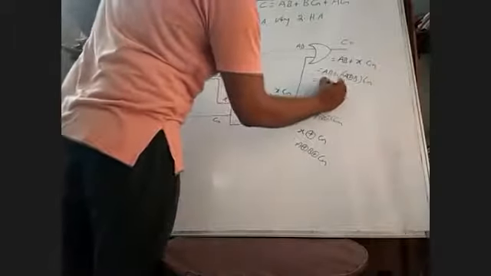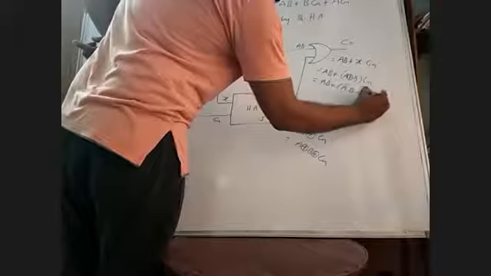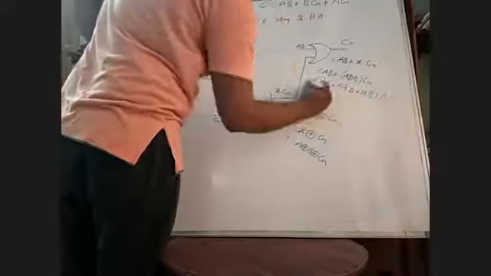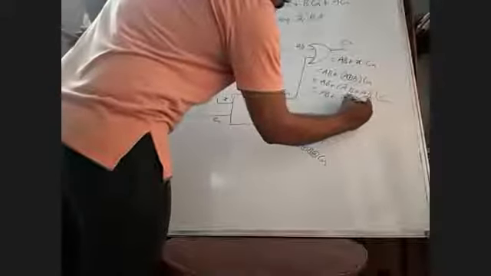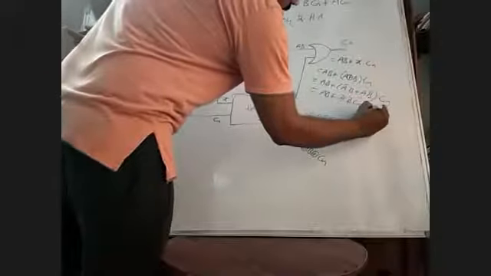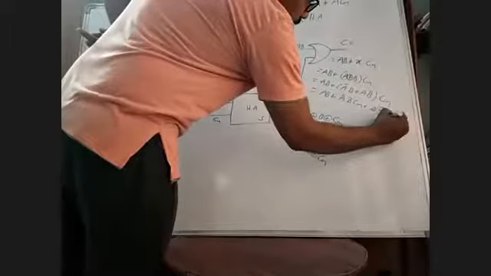Now A exclusive or B into Cin is AB plus A bar B plus A B bar into Cin. We can write this as AB plus A bar B Cin plus A B bar Cin. This is your carry.